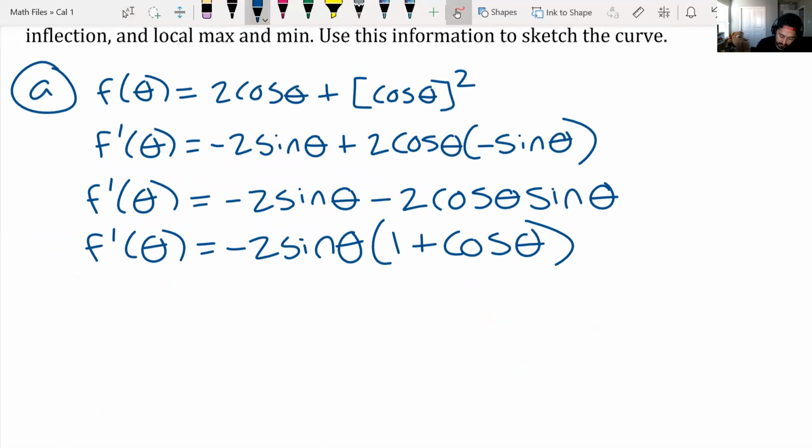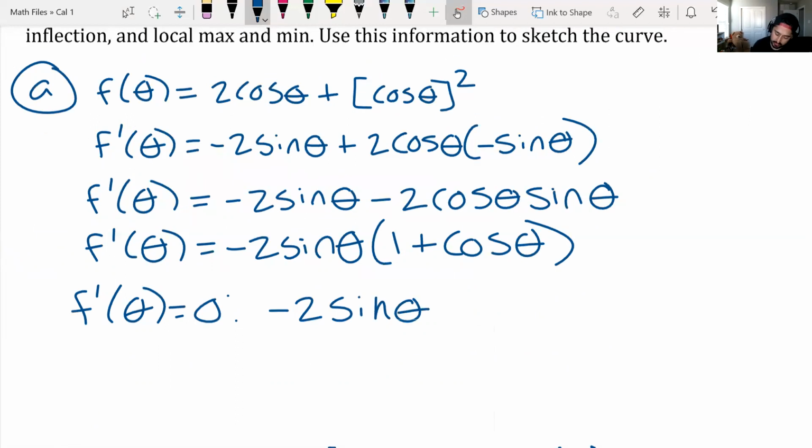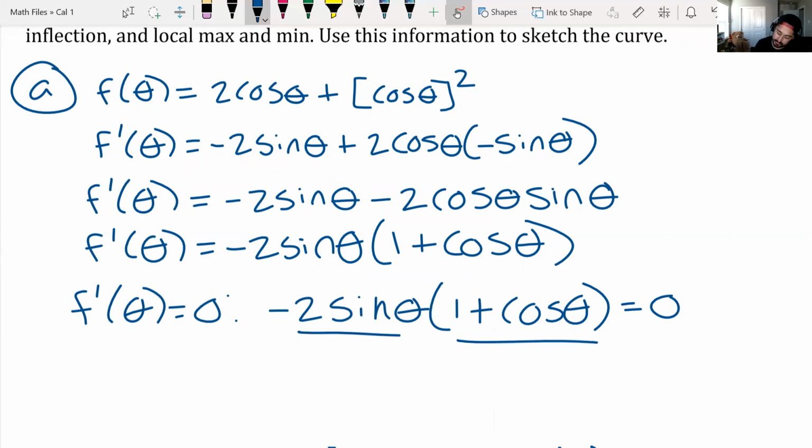Now, set this equal to 0: negative 2 sine theta times 1 plus cosine theta equal to 0. And if I set both terms equal to 0, I'll get sine theta equals 0 and cosine theta equals negative 1.